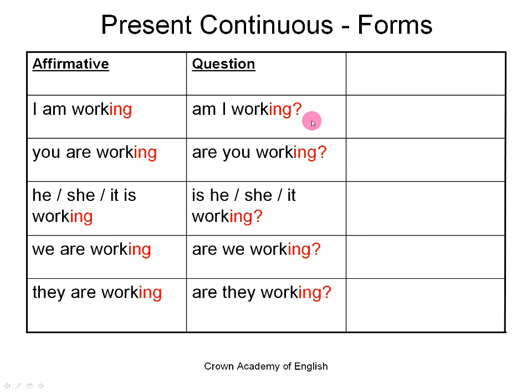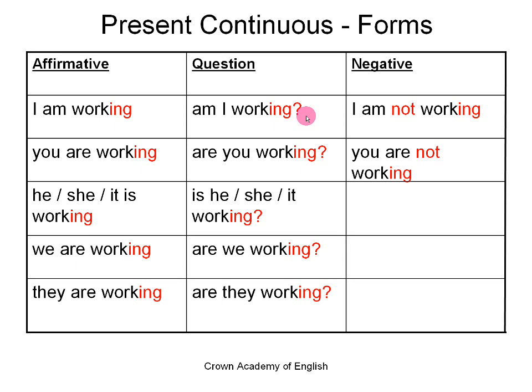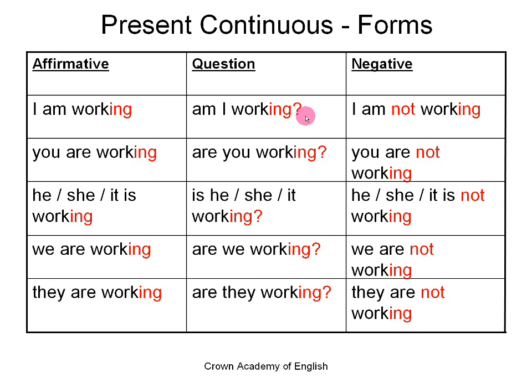So now the negative: I am not working, you are not working, he, she, it is not working, we are not working, and they are not working. So this is very simple again. We simply add the word not between the verb to be and the ing form of the verb.